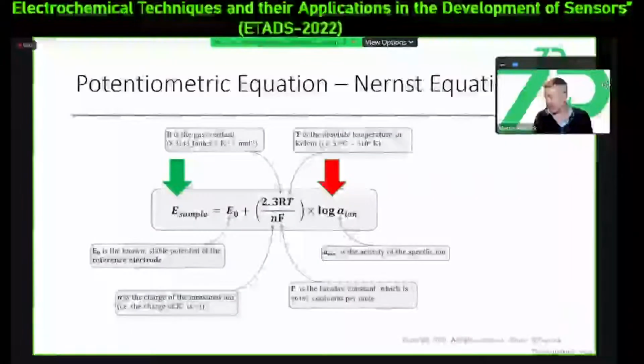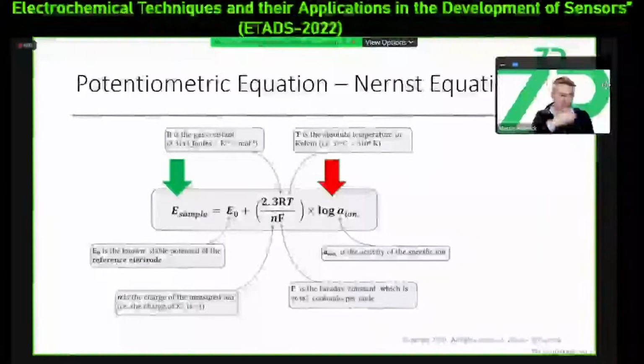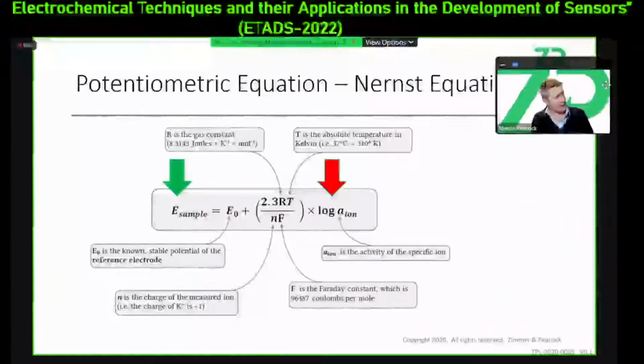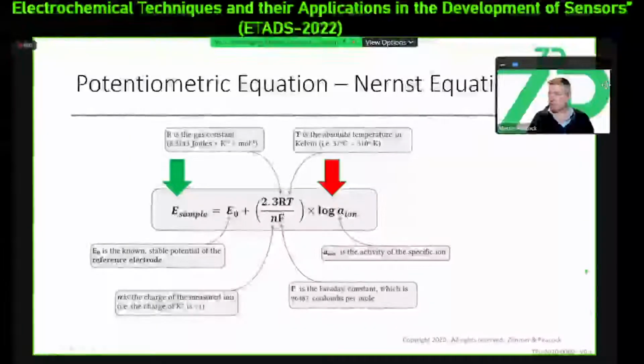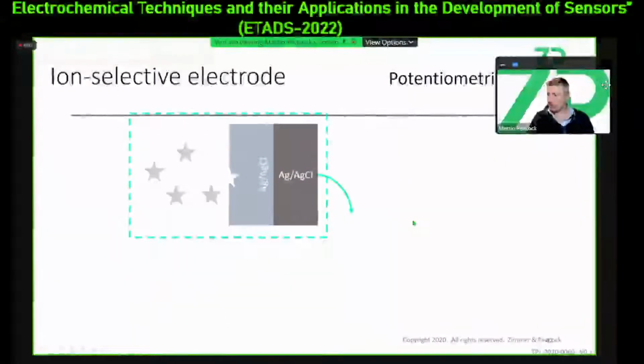We have the nitrate ion selective electrodes, which is a patent protected technology that we licensed in. We have the potassium, the sodium, and the calcium ion selective electrodes. And all of them have essentially an output signal voltage, which is proportional to the analyte of interest.